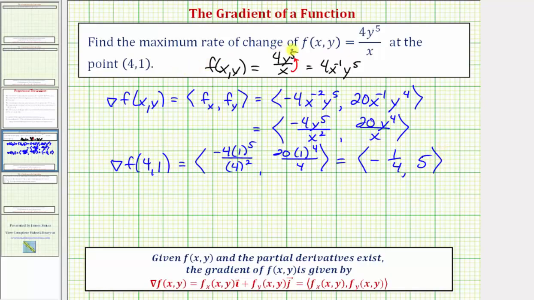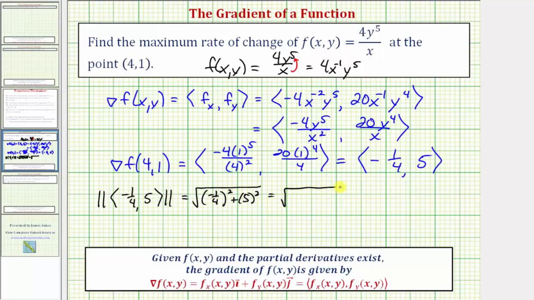And now the maximum rate of change at the point 4 comma 1 is going to be equal to the magnitude of the gradient. So now we need to find the magnitude of our gradient at the point 4 comma 1.